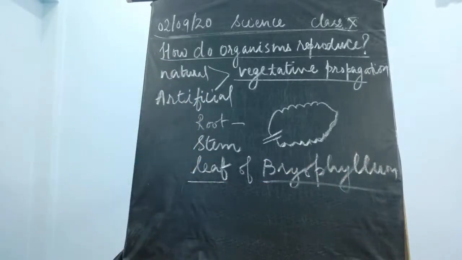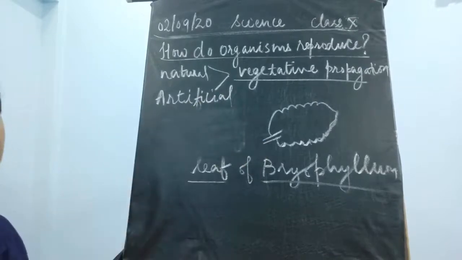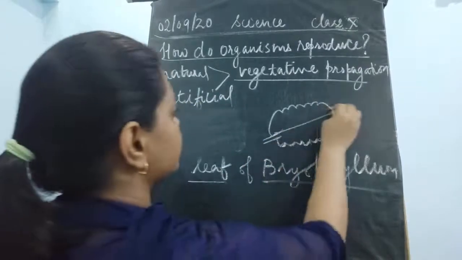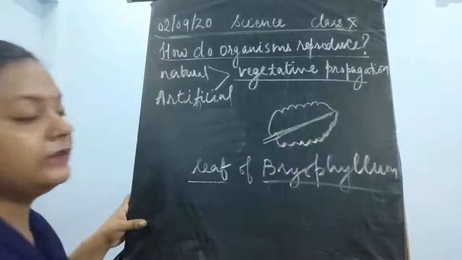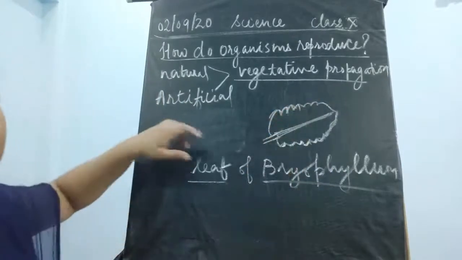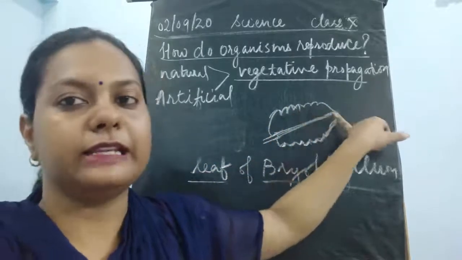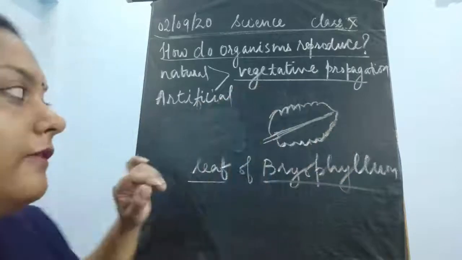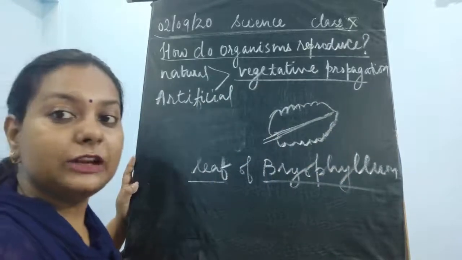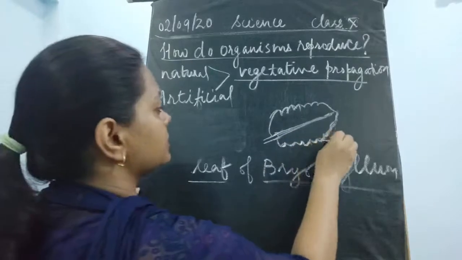These leaves have a very peculiar characteristic: they have small cuttings present in the leaf part, at the edges of this bryophyllum leaf. Now why these edges? What is the need of these edges? And what is the structure known as? The structure is said to be notches.